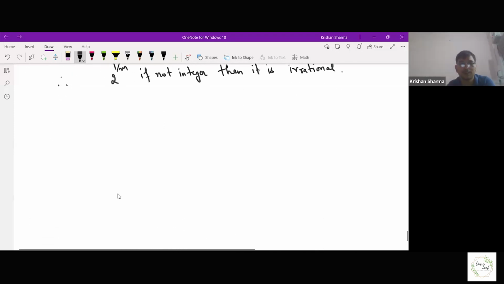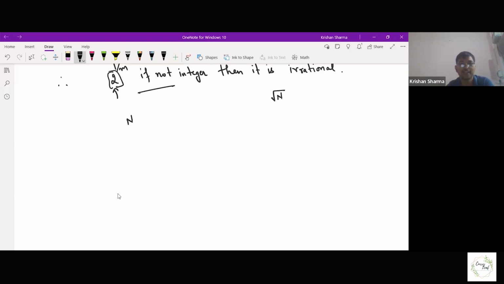Now again, you can replace this 2 with any integer, because you have already seen we have done the square root of n. So if you know this proof, you can replace 2 by n and the same proof works.